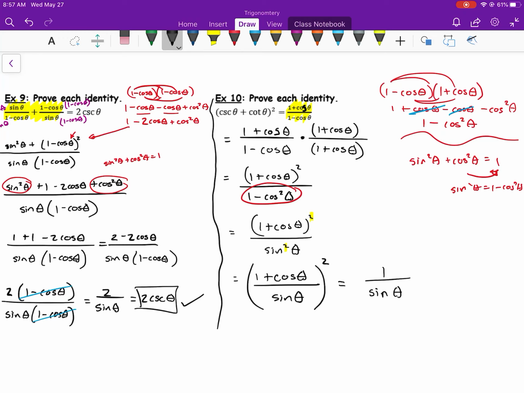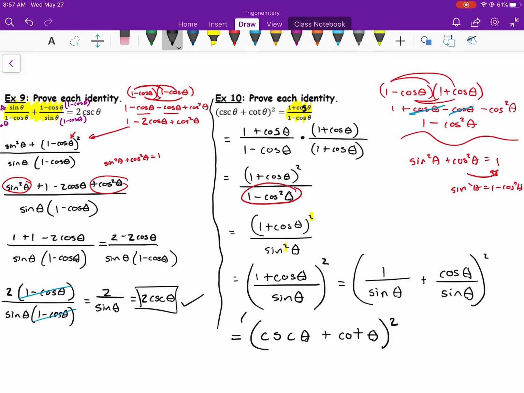You got 1 over sine theta plus cosine theta over sine theta, squared. One over sine is cosecant, which is, if you look at the beginning, where we want to be. And then cosine over sine is cotangent. Quantity squared, which is what we wanted.